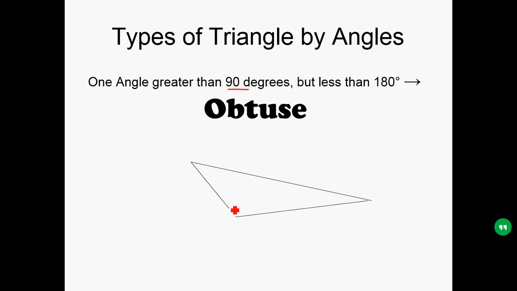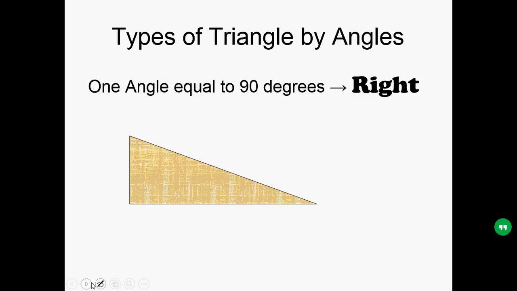In this triangle, this angle is clearly greater than 90 degrees and these two angles are smaller than 90 degrees, so it is obtuse. When one angle equals 90 degrees, the triangle is known as a right triangle. This little corner down here looks like a 90-degree angle, so we put a box in there to symbolize that it's a 90-degree angle. So this triangle is a right triangle.